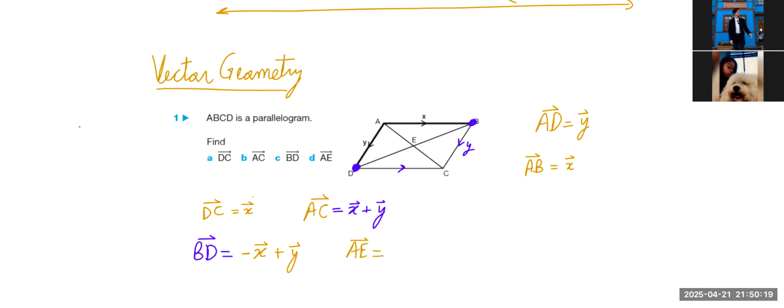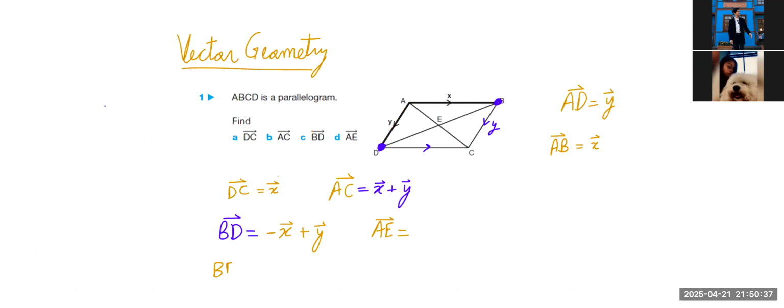Now let's do AE. We need to start at A and somehow end up at E. Okay? Since this is a parallelogram, we know that whatever BD is, BE is half of that. Is this clear? Like if you know that BD is minus X plus Y, can you tell me what BE will be?